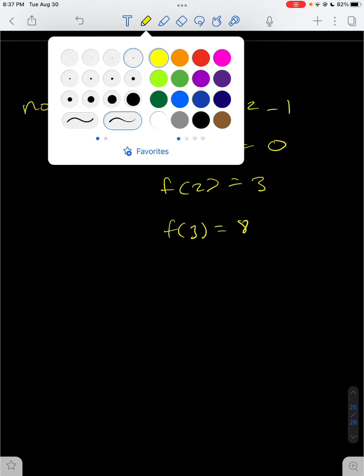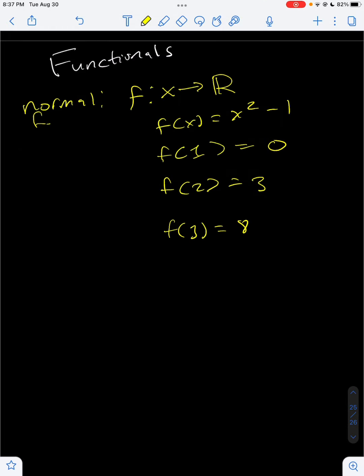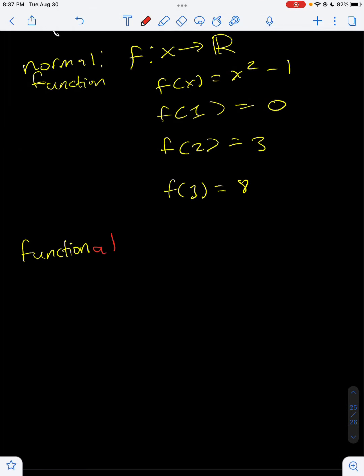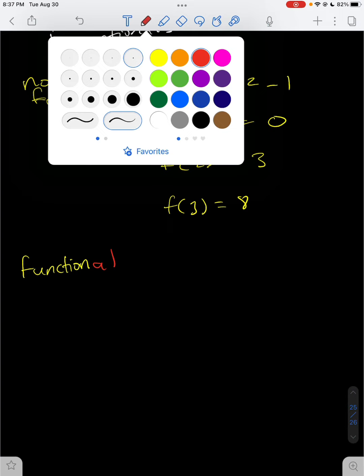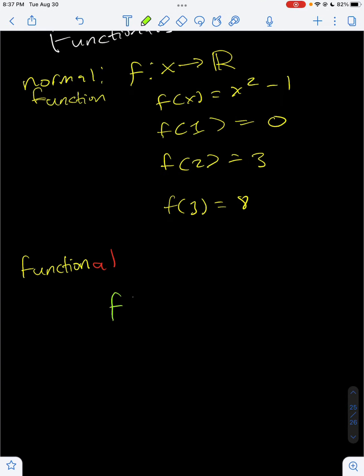Now functionals. This was a normal function. A functional is a bit different. Functionals, instead of taking in numbers as inputs, take in functions as inputs.